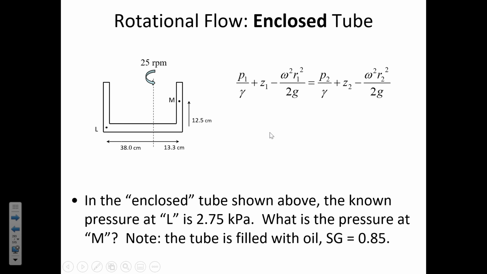So I'm going to pause for a second and give you a moment to calculate the pressure at M. You're going to have to substitute in the known pressure, the elevations, the radius, all the details that you're given. And here you can see it's 25 RPM. RPM is revolutions per minute, so you need to convert that to radians per second.